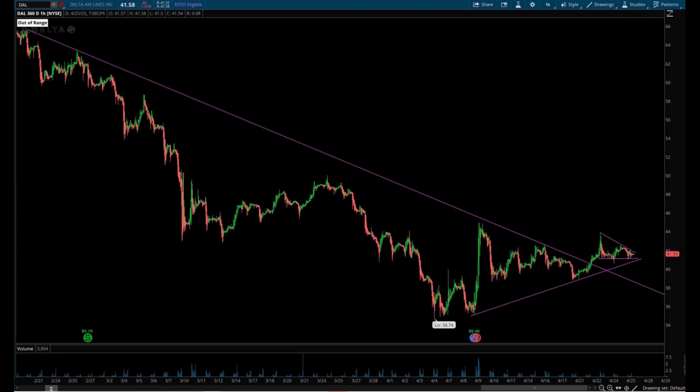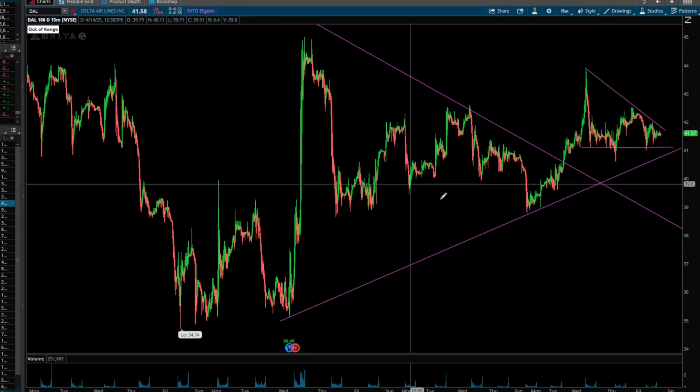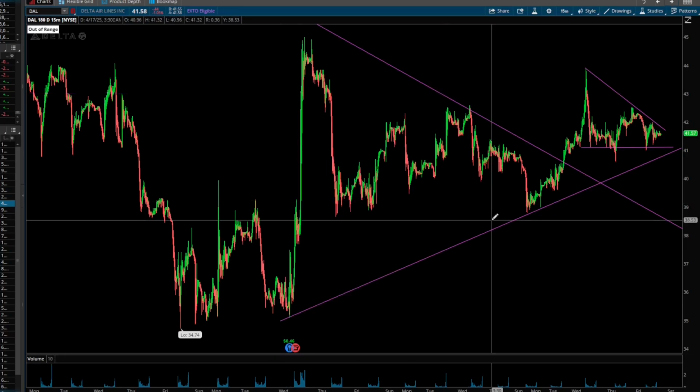I've just pulled up a random chart on Delta, which is on my watch list for Monday, April 27th, 2025. Let's say I'm looking at this trade in the morning, before the open, and I've mapped out my structure on the chart.